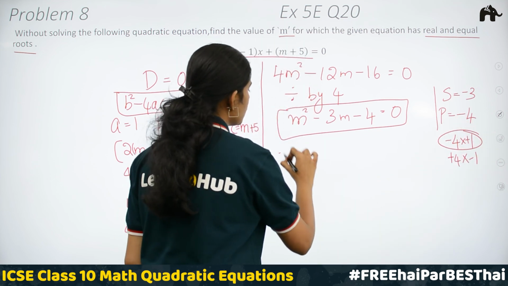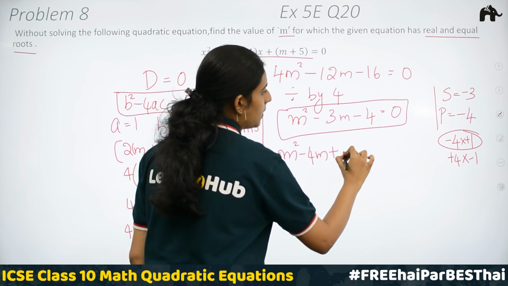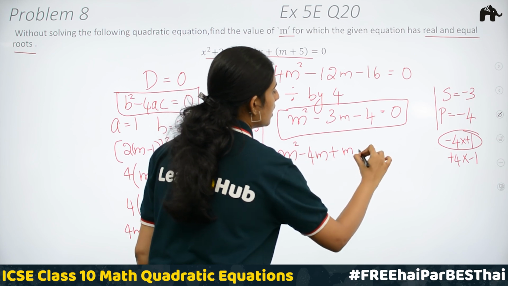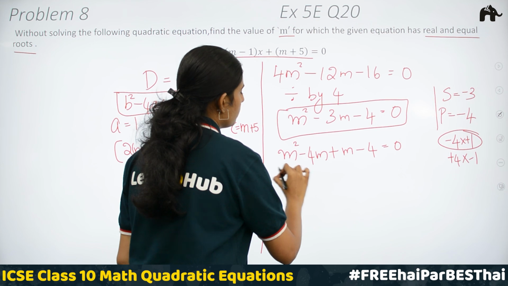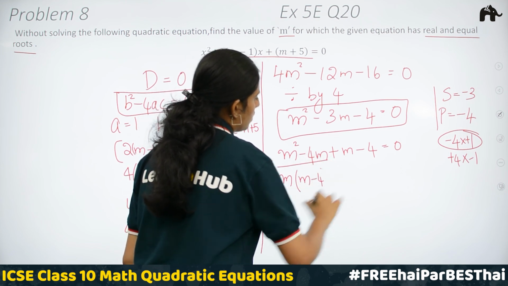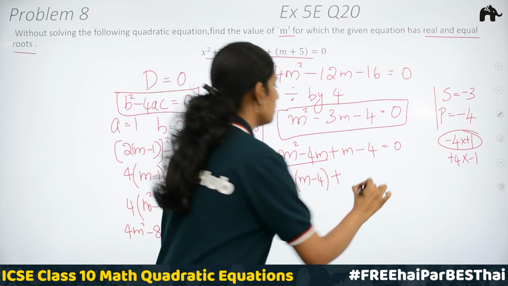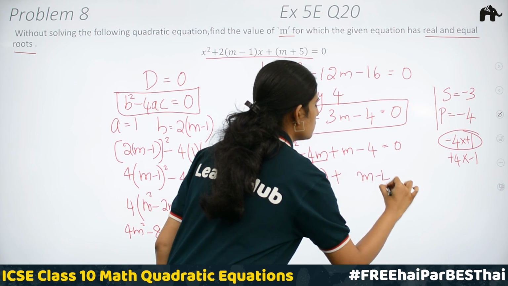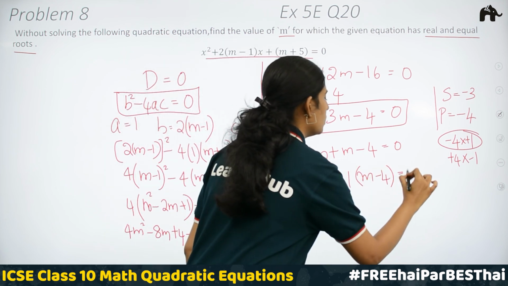Now, splitting the middle term, m square minus 4m plus m minus 4 is equal to 0. Taking common, from this we have m into m minus 4 plus, here we have m minus 4. Inside the bracket, we need m minus 4, which means we are multiplying with 1. That is equal to 0.